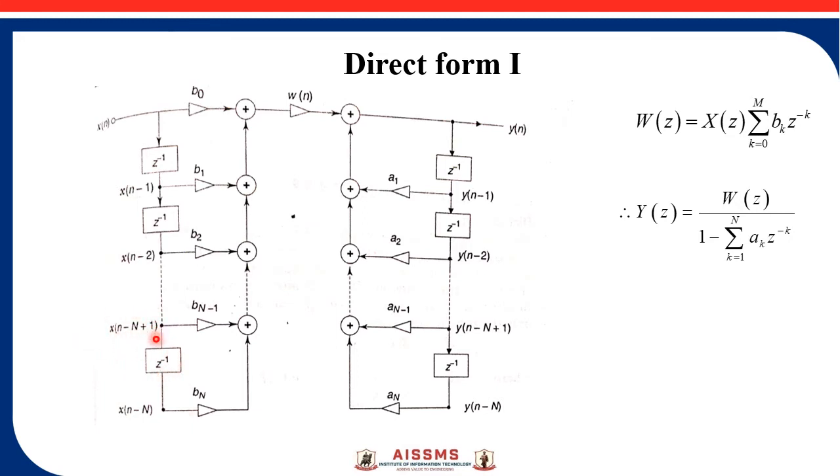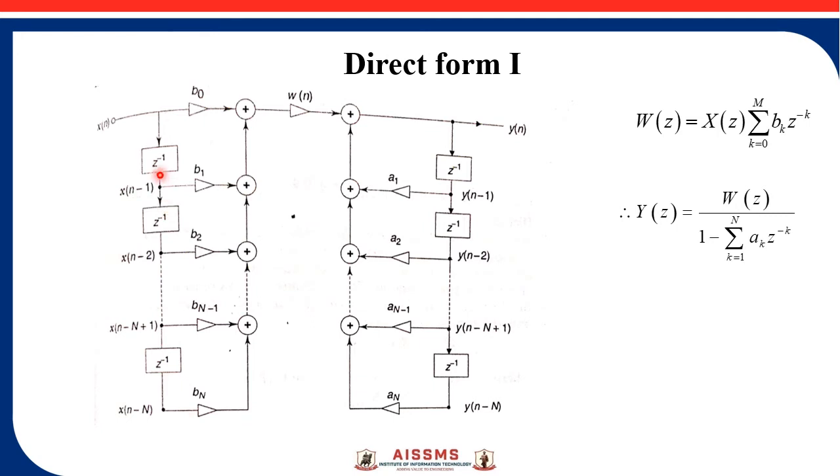So this is a generalized form of the delay block, and then the coefficient with this delayed component is b k. When k is equal to 0 it will be b0, when k is 1 it will be b1, then b2 and so on.